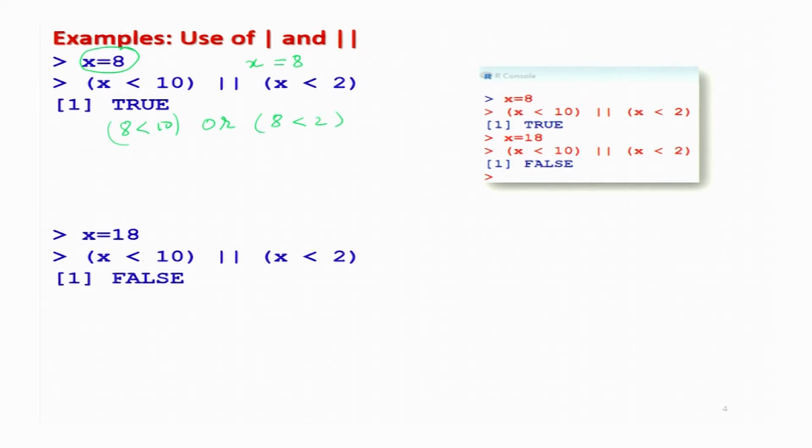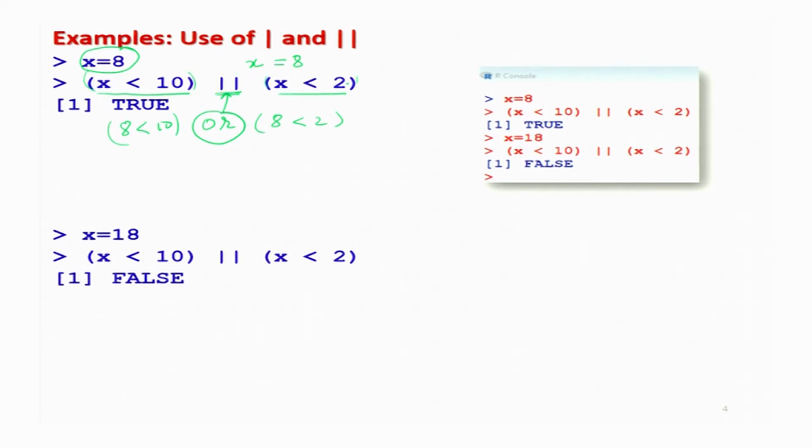So, for this OR, I have this symbol here, and I write this statement as x less than 10, two vertical lines, and then x less than 2. And for clarity, I have written them inside parentheses.